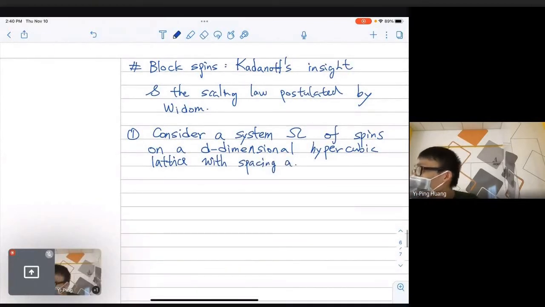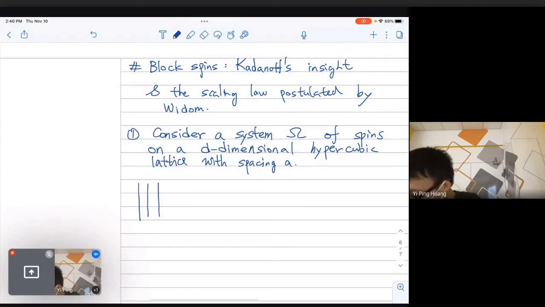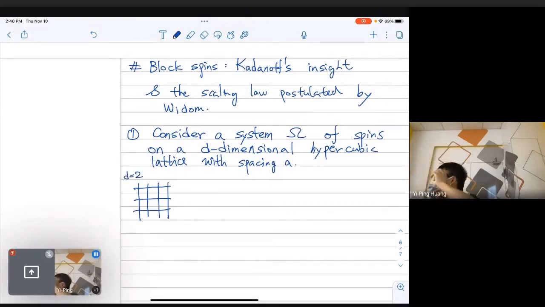To make the story simpler and help us imagine what's happening during the class, you can consider the case when d equals 2. A two-dimensional hypercubic lattice is basically a square lattice, something we are very familiar with. The spacing between the lattice sites is just a.